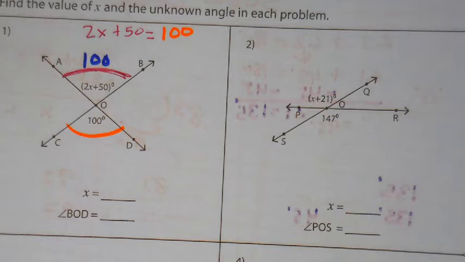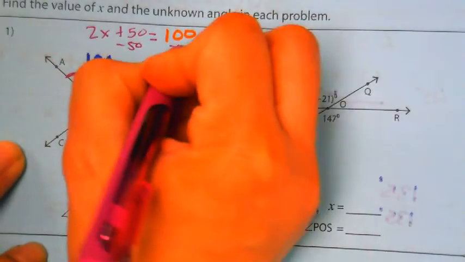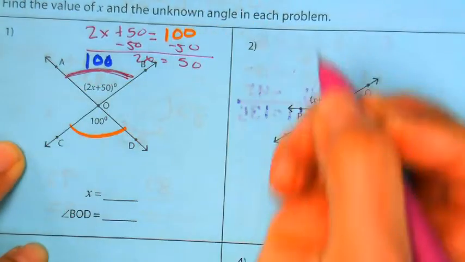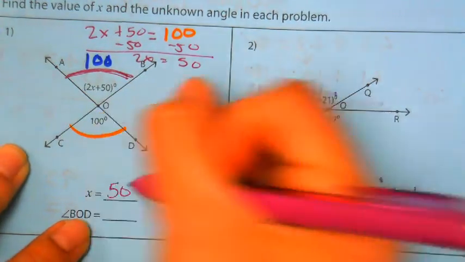I'm asking for what x is. Okay, so solve it. What'd you guys get? 25. Minus 50, minus 50. 100 minus 50 is 50, equal to 2x, divided by 2, divided by 2. x is 50.